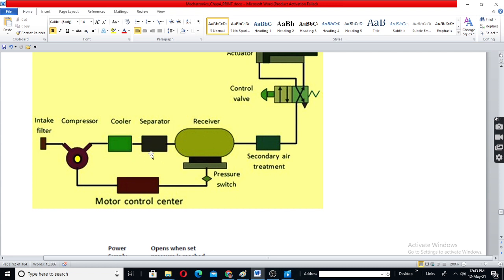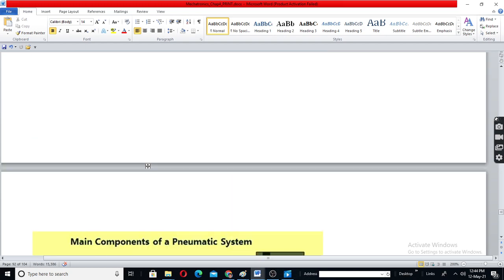Sometimes the separator will be initially, before this one. Then here you will keep the compressed air within that pressure. If pressure is more than the permitted value, some of the air will be released back.